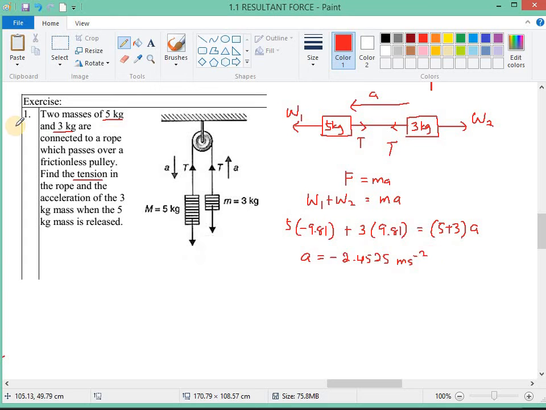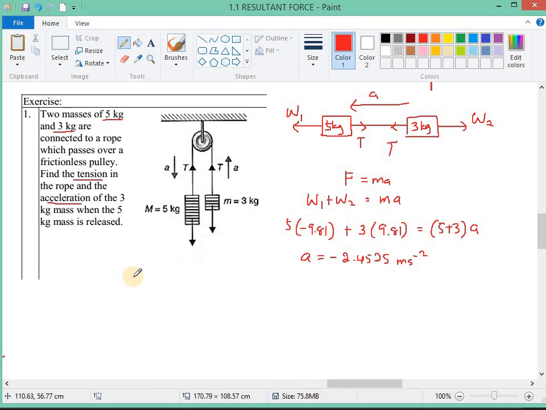So this is the acceleration that you get, negative 2.4525 meter per second squared. They want us to find the acceleration of the 3 kilogram mass, and because in the actual situation the acceleration is going upwards, it is positive. So we cannot just leave it as negative 2.4525; we have to answer the question.